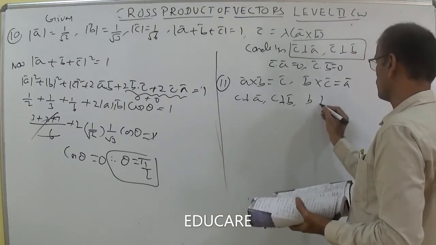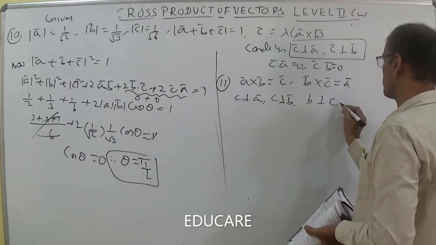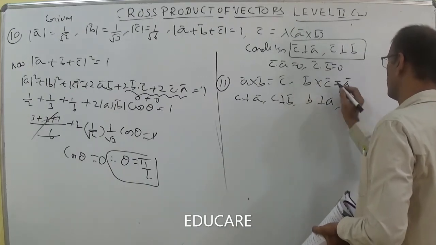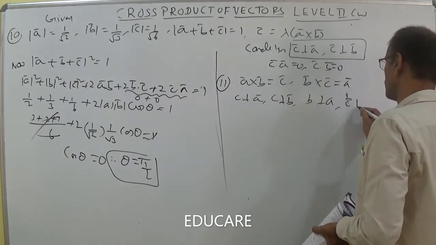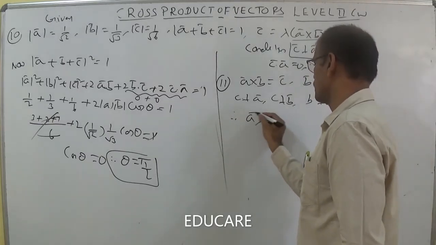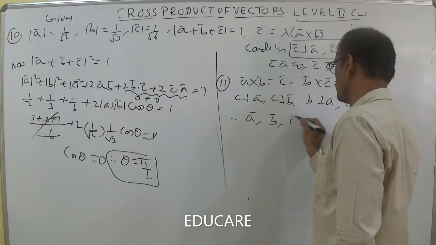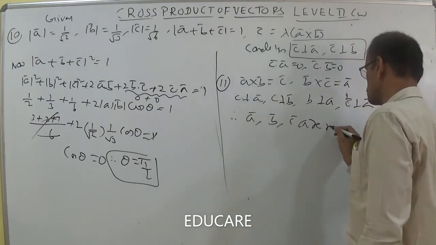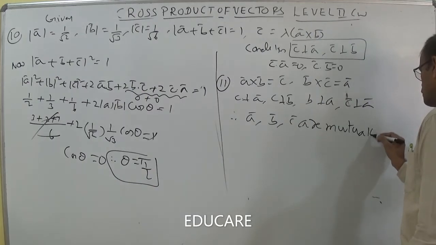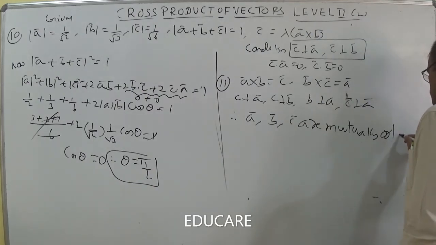Here B bar is perpendicular to A bar, and C bar is perpendicular to A bar already. Therefore we can say that A bar, B bar, C bar are mutually orthogonal vectors or mutually perpendicular vectors.